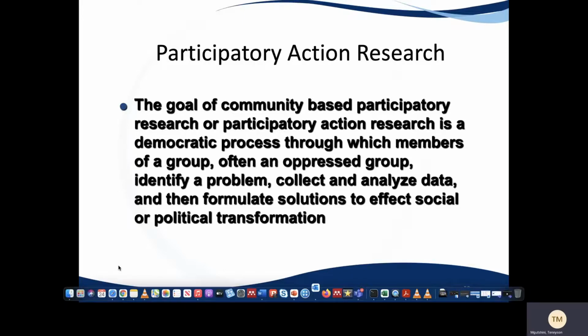So the next type of qualitative tradition is what they call participatory action research.